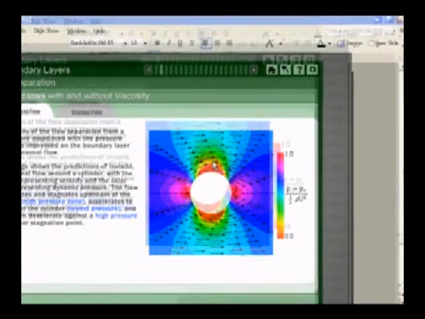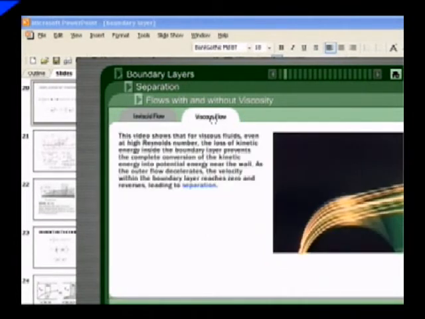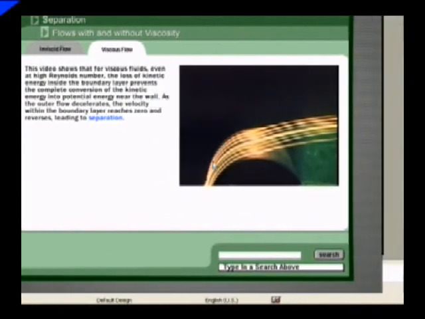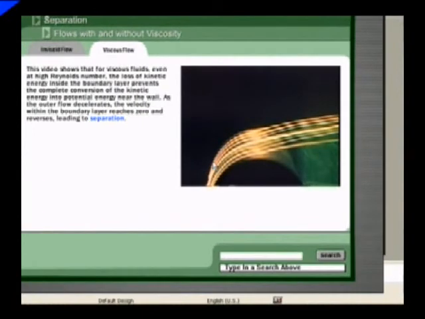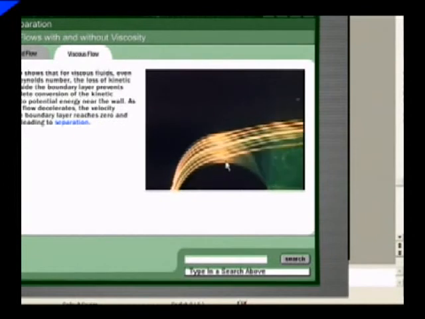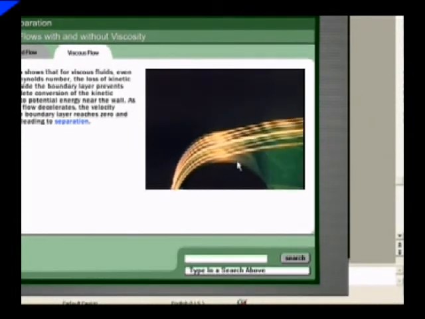Now let us observe what happens when a real fluid flows over a cylinder. This is another type of video in which fluid is flowing from left to right. After this point, the boundary layer cannot remain stuck to the surface because of the energy, so it gets separated.